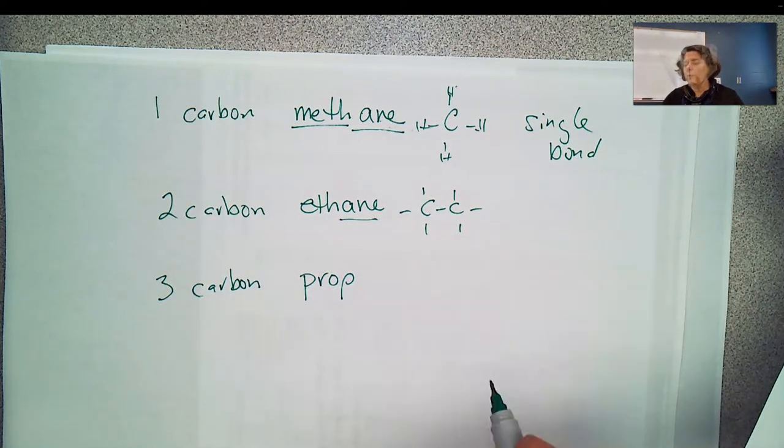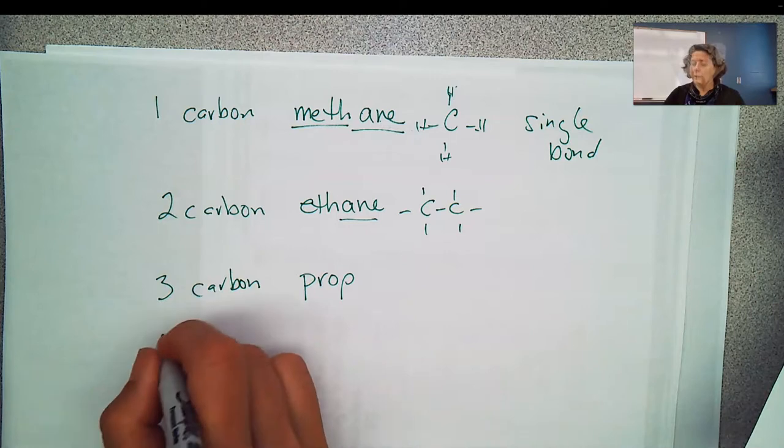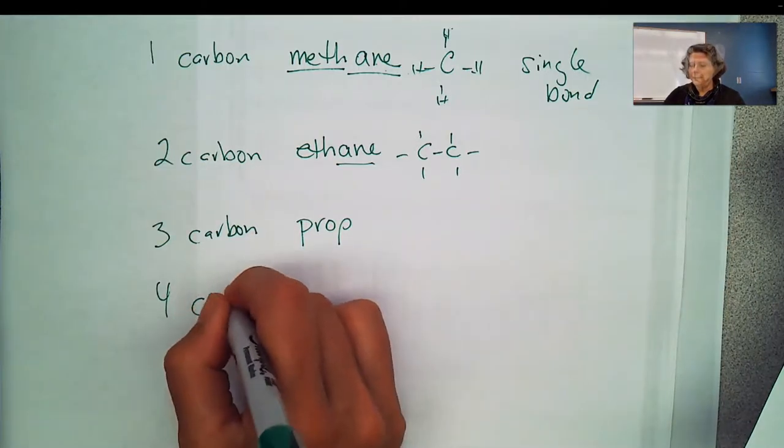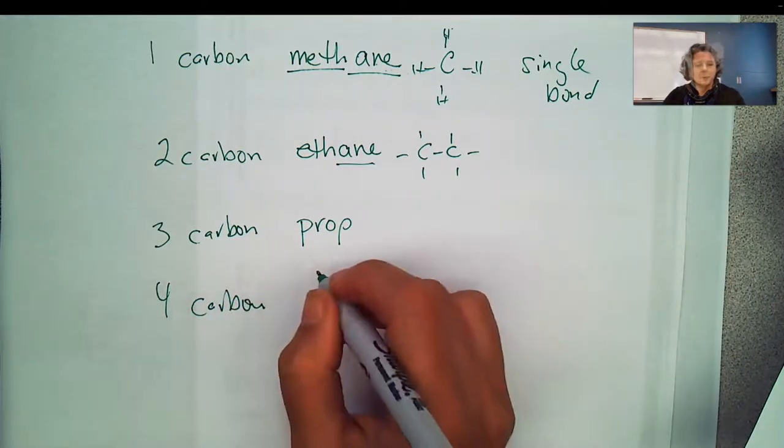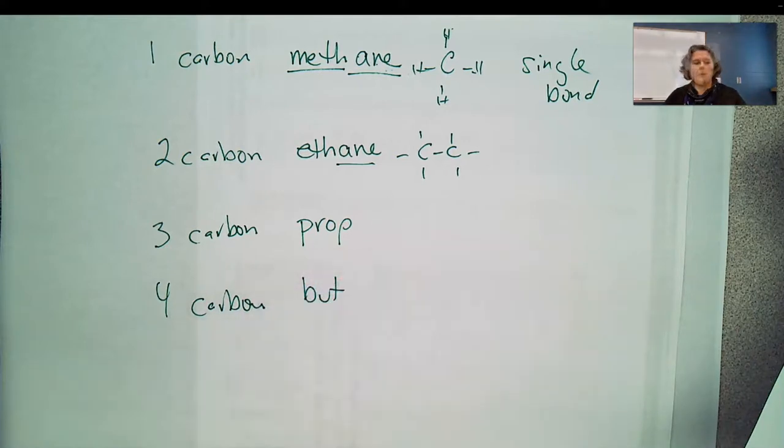And if all 3 carbons are single bonded, it is propane. If we have 4 carbons, it's but. So if they're all single bonded to each other, it's butane. It's very simple.